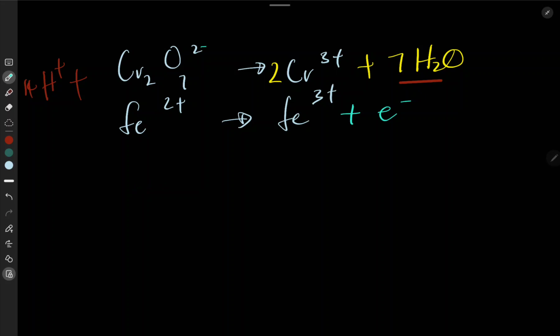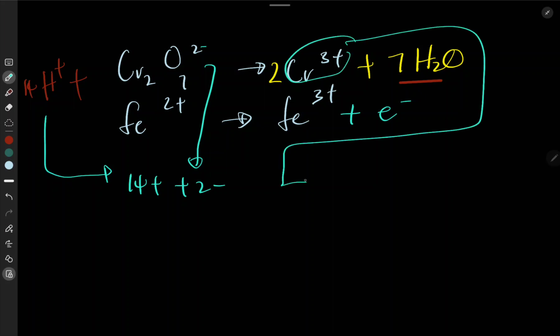Let's look at it from the chromium part. Let's do the math. This 14 gives us 14 plus, and this one chromium gives us 2 minus. And look at this side, this one will give us what? Oh, there are 2, so 2 times 3 is going to give us 6 plus, and water is neutral, so 0 here.